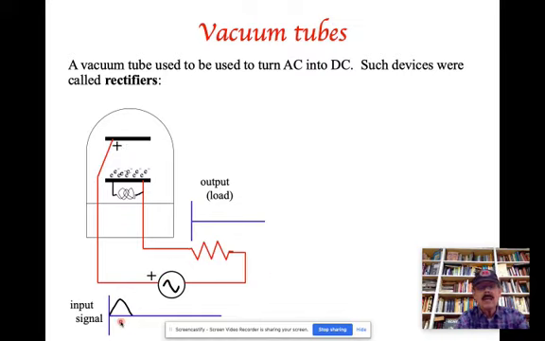Let's say that the AC coming in from the source, its polarity is like so, and let's say that makes this terminal positive. And that in turn would make this plate positive, which would motivate electrons to stream across, which means you got current. In other words, through this load resistor, you would get an output.